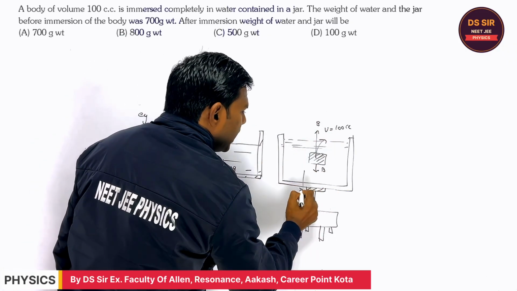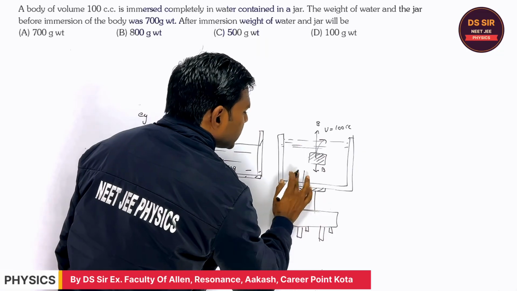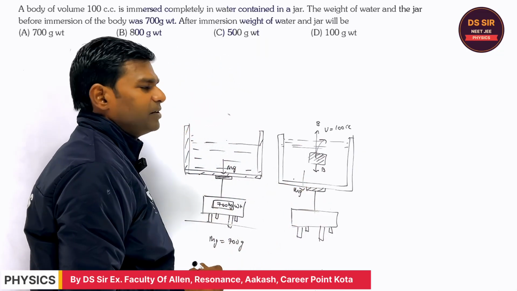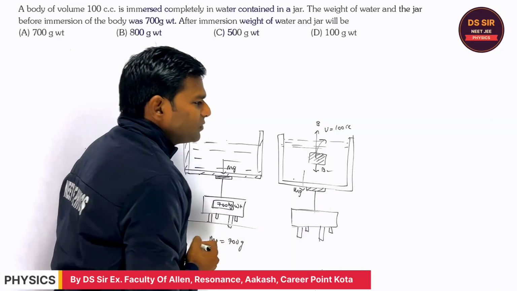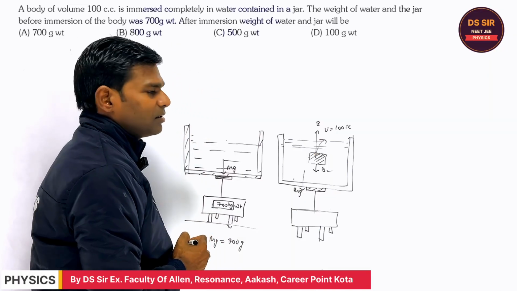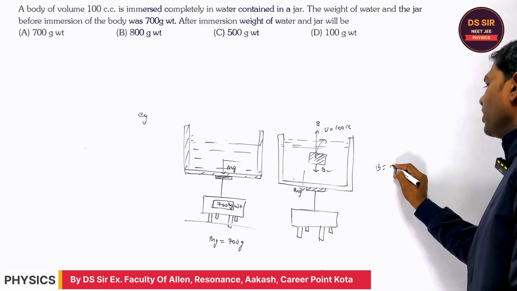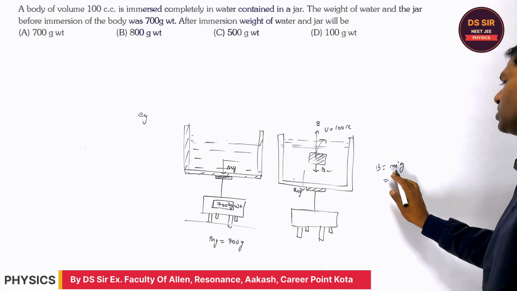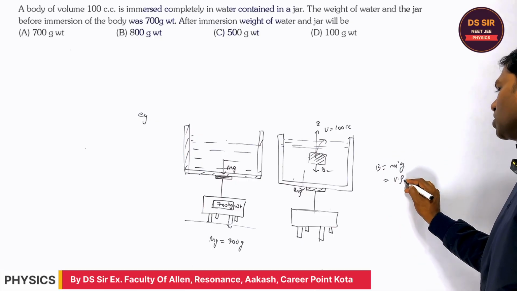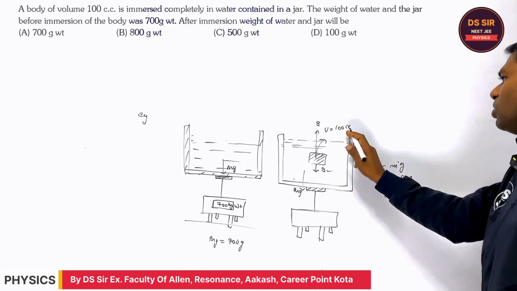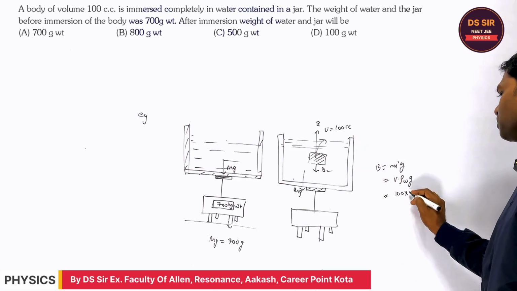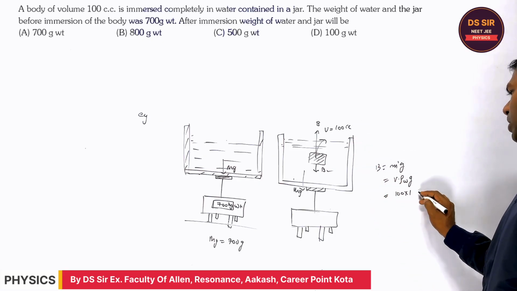Initially it was capital Mg acting over here, that is 700 kg weight. So can you find the buoyancy force which is increasing the reading? Buoyancy force is nothing but equal to the weight of the liquid displaced. What is the weight? Volume into density of water into g. What is the volume? 100 cc into 1, into g.